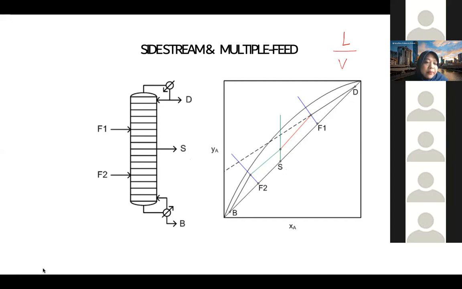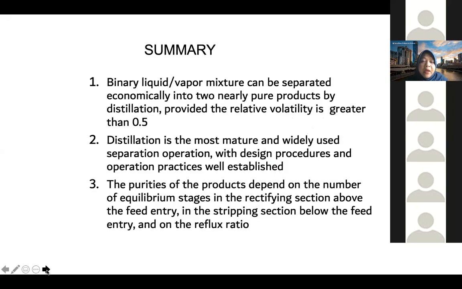Okay, so summary. In summary, a binary liquid vapor mixture can be separated economically into two nearly pure products by distillation, provided the relative volatility is greater than 0.5.